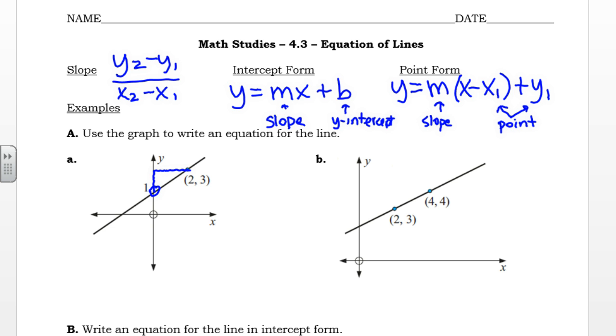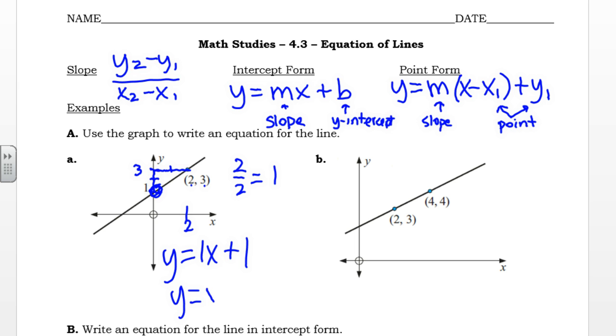I can tell from these points here that this is rise 2 and run 2. So the slope is 1. And then the intercept right here is 1. So my equation is y equals 1x plus 1. It's not customary to put a value on an x when it's 1, so I can just simplify that to y equals x plus 1.